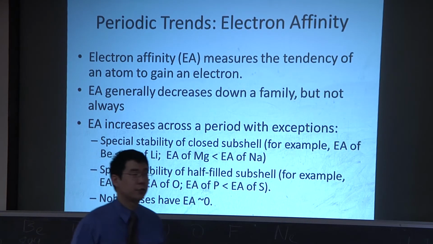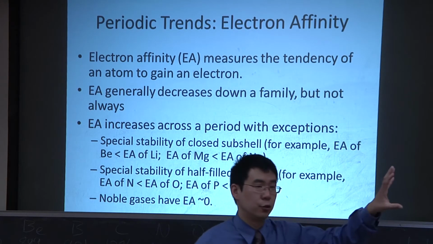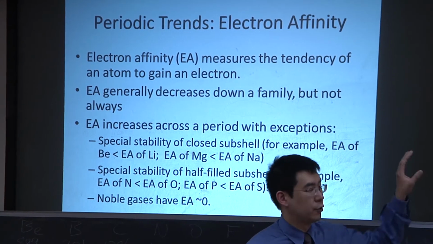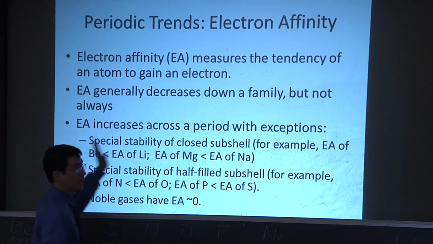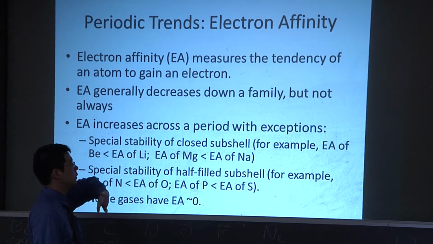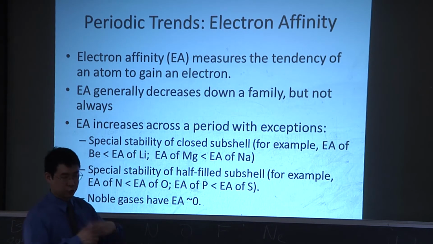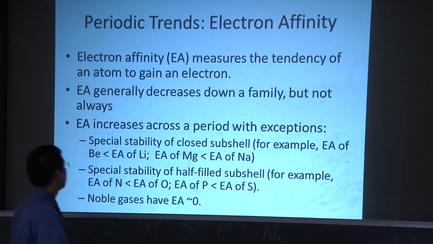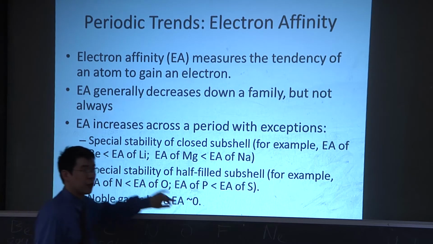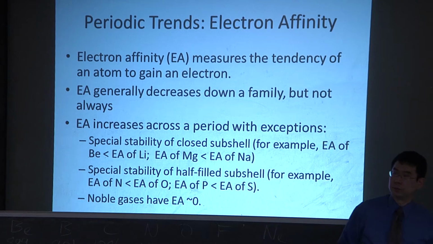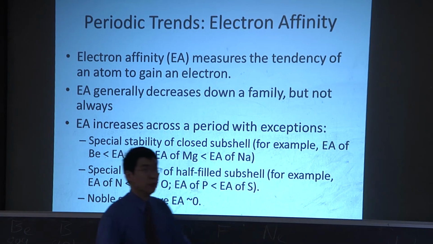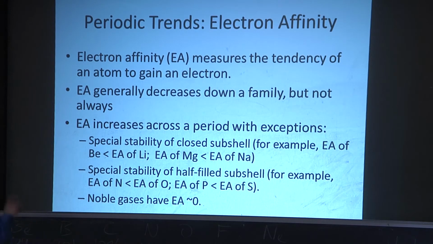And this makes sense, because nonmetals like to gain electrons. Metals don't like to gain electrons. So again, it's going to be like ionization energy, except the trend is backwards. It's going to increase as you go from left to right, but you're going to have special stability of the closed subshell, and special stability of the half-filled subshell. And noble gases essentially have an electron affinity of 0. Why is that? They're already happy. They don't want to gain another one. They already have their octet fulfilled.